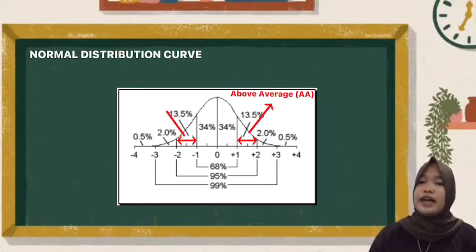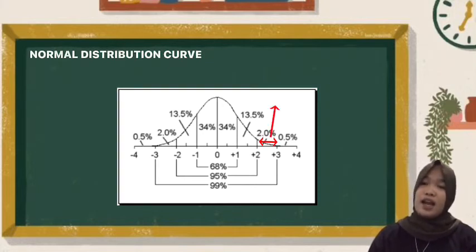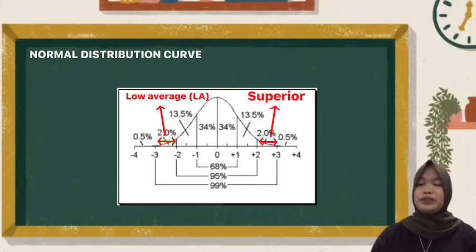So, sa negative side is tinatawag rin nating below average. 2% of your students will have very, very high scores at sila yung tinatawag natin na superior. Meaning they are more than above the average. They almost got the perfect scores. But on the other hand, may 2% rin na makakakuha ng low score. Sila yung mga low average scores.